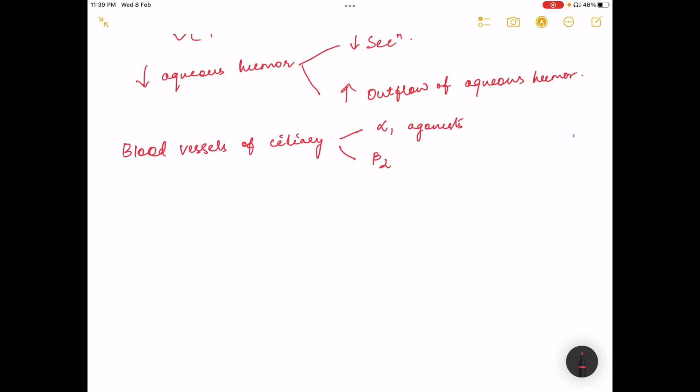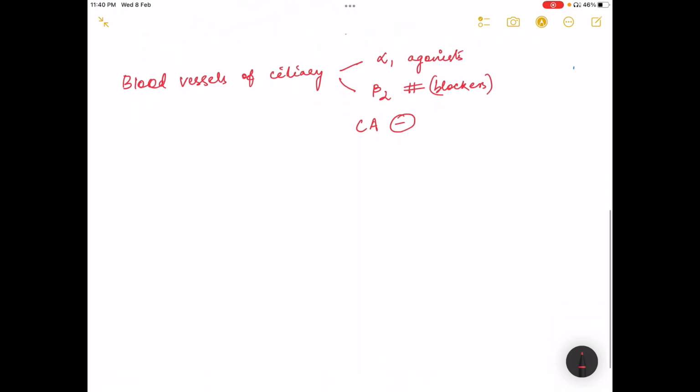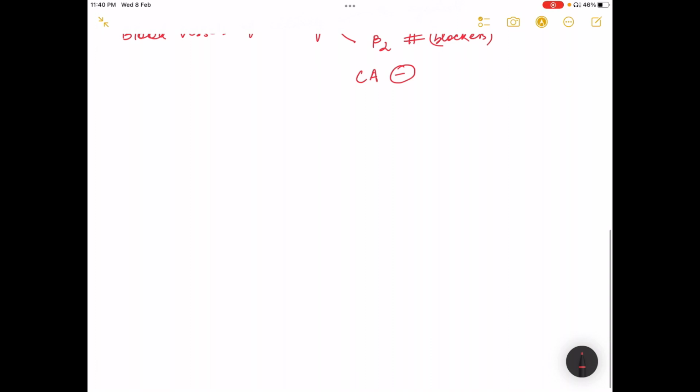So if we give alpha agonists, or if we give beta 2 blockers, then there will be less aqueous humor production. Apart from that, we can give carbonic anhydrase inhibitors to decrease the secretion.